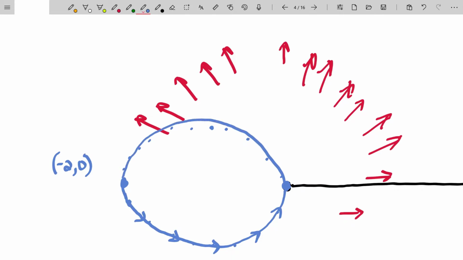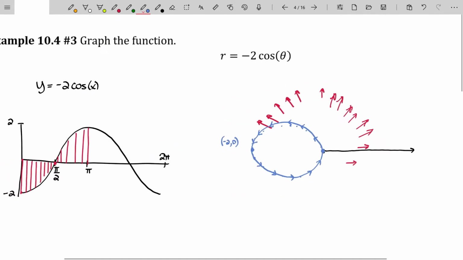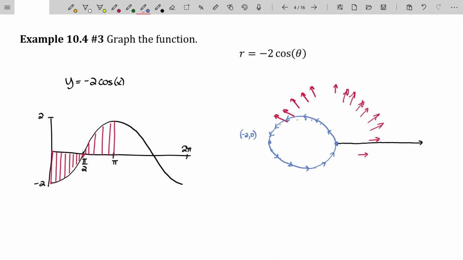I'm trying to make it circular because, to be honest with you, it is a circle. And at that point, the pattern starts to repeat. So at pi, it starts to repeat.